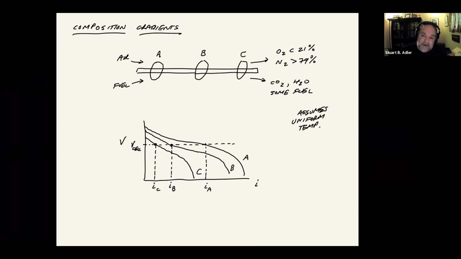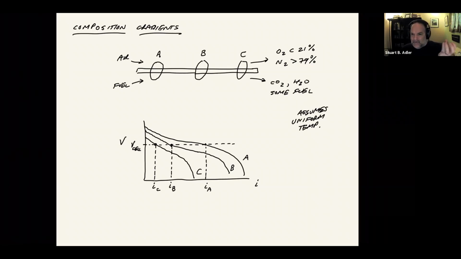Because this thing is operating in a gradient, because we're using up fuel, we come in with more fuel, we leave with less fuel. By definition, we expect some gradients to happen. And that means the current density is not going to be uniform in a stack. And it almost never is.